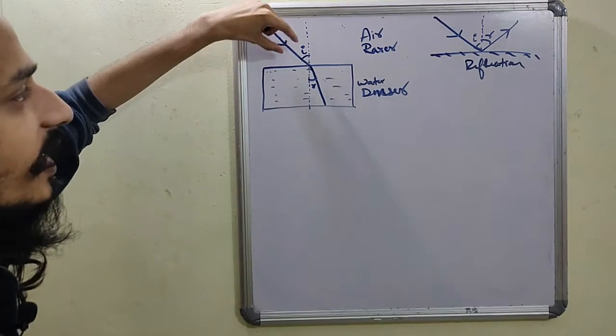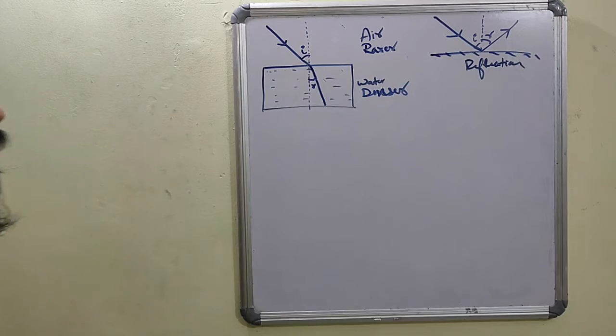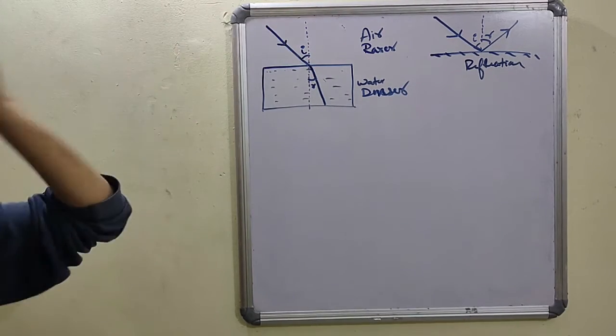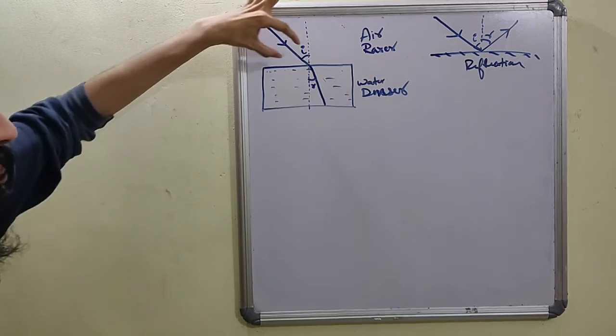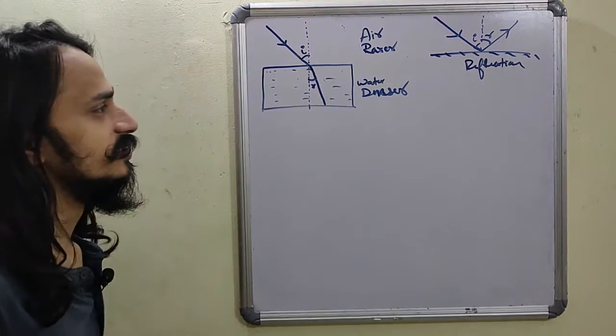Okay, and angle of incidence and angle of refraction are not equal. In this case angle of refraction is lesser than angle of incidence, right? This is the bigger angle, this is the shorter angle, right? As simple as that.